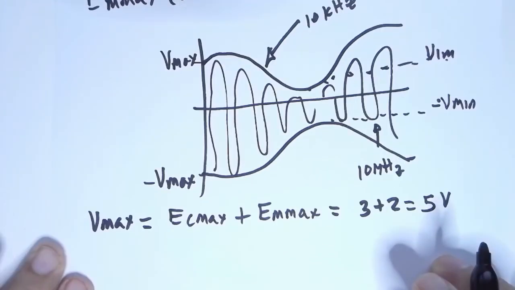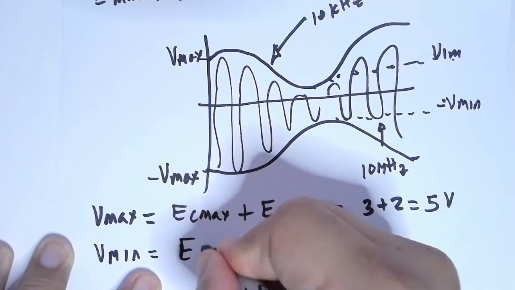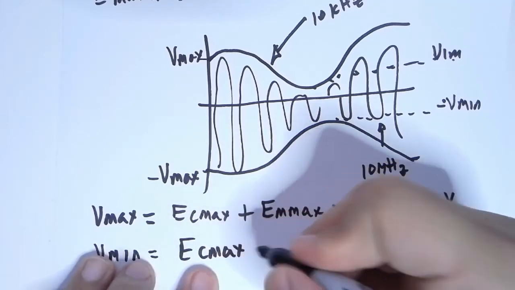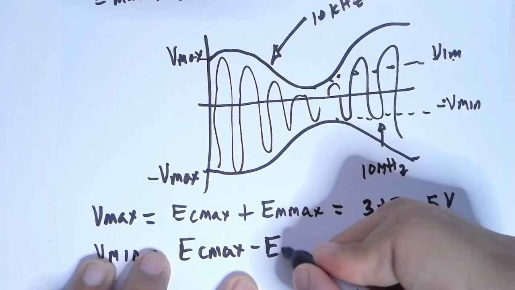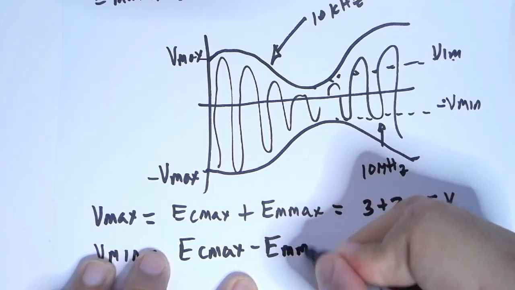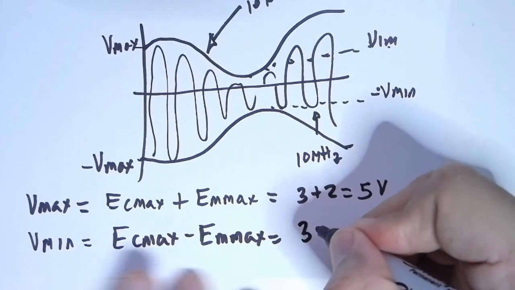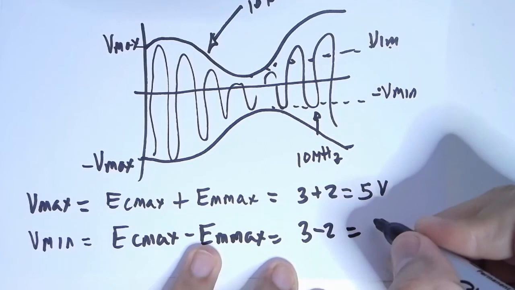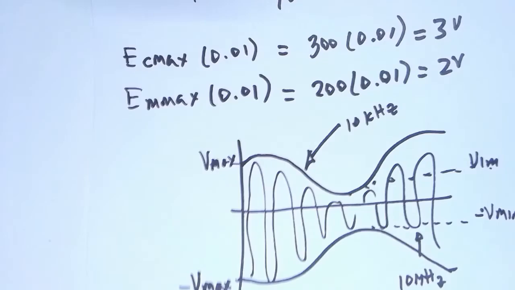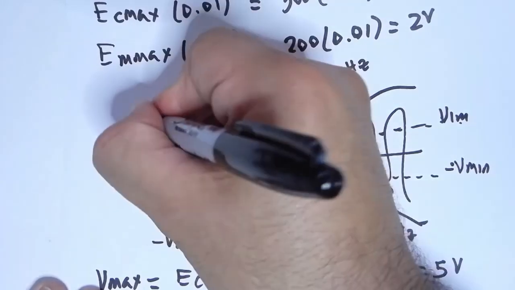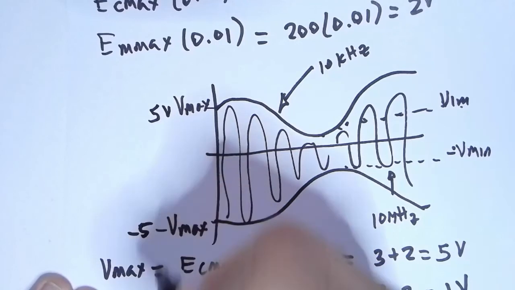And now Vmin is going to be the difference between the carrier peak voltage and the modulation signal peak voltage, and that's 3 minus 2, that is 1 volt. So now we can plug in our values. We have here 5 volts, here negative 5 volts.